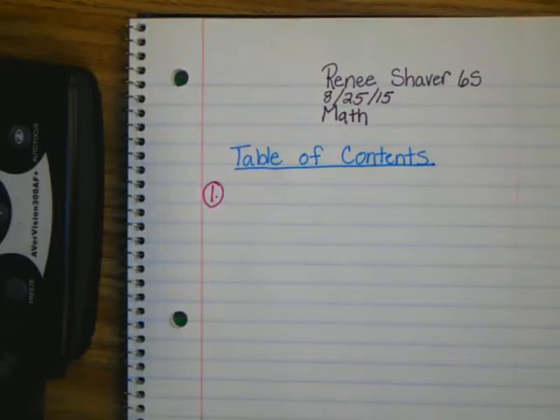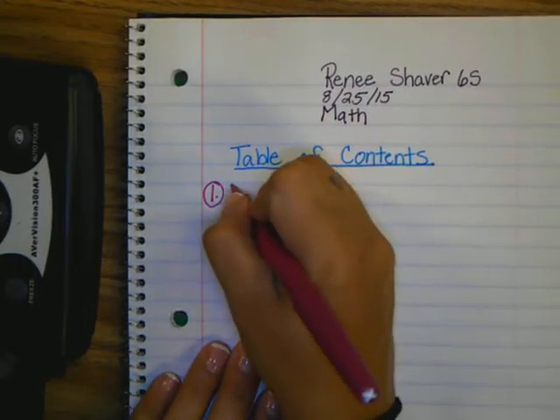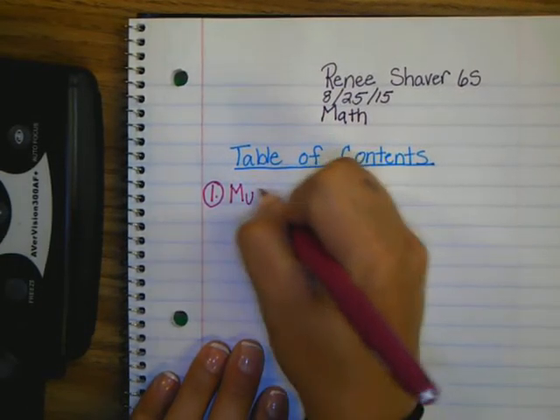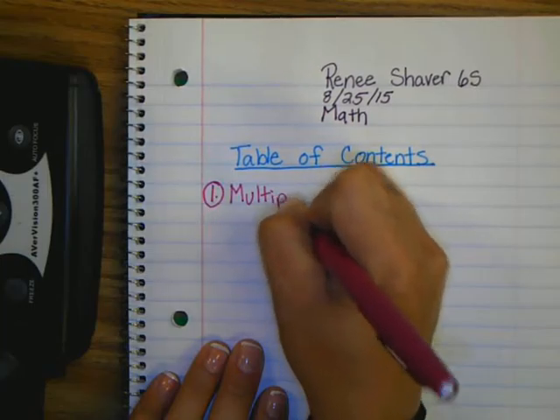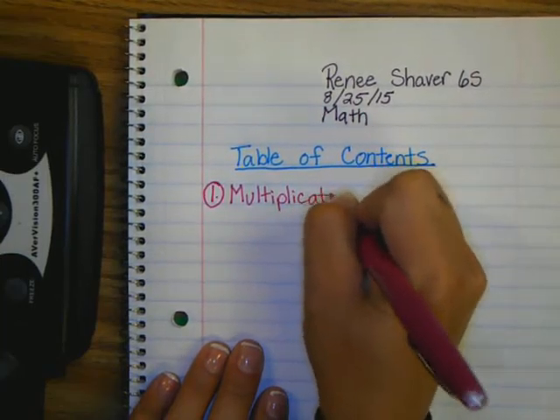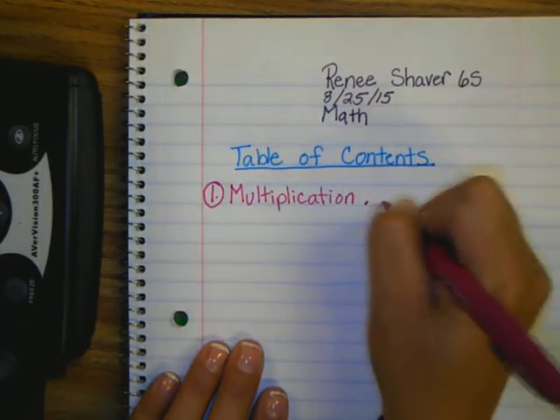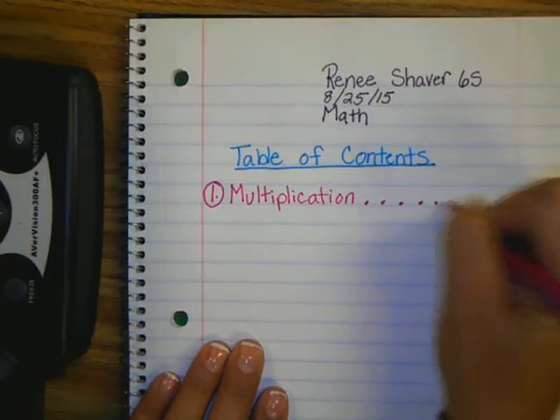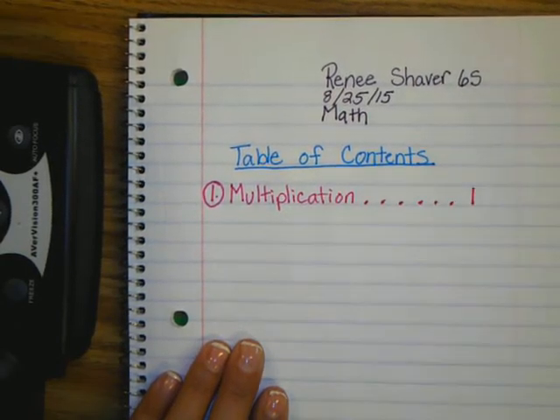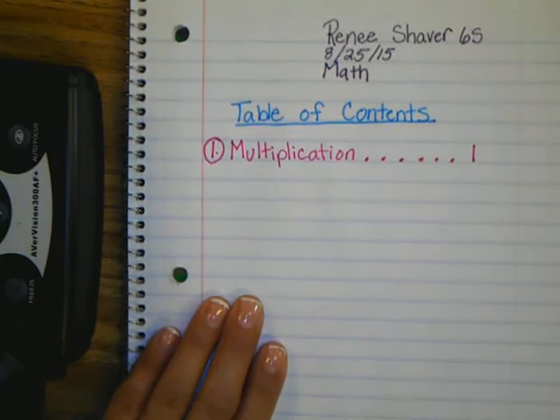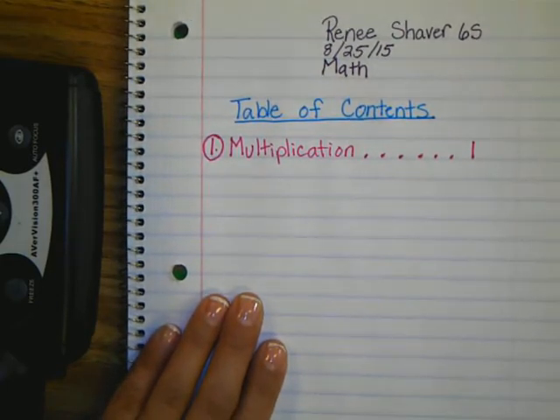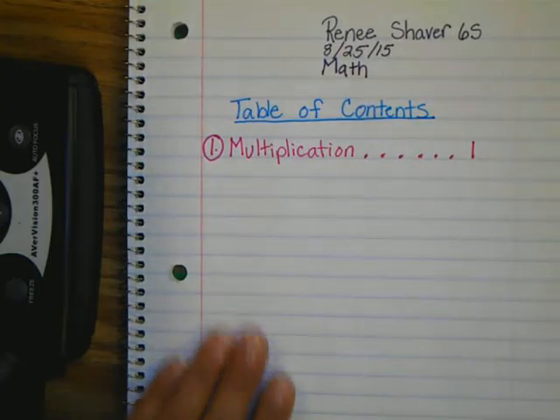So let's title it multiplication. And then put a couple dots. And that's going to be page 1. Then you can turn to the next page, which is going to be page 1. Title it multiplication.